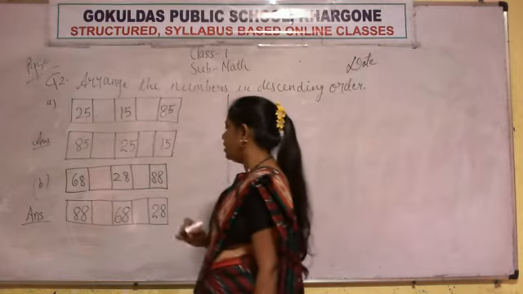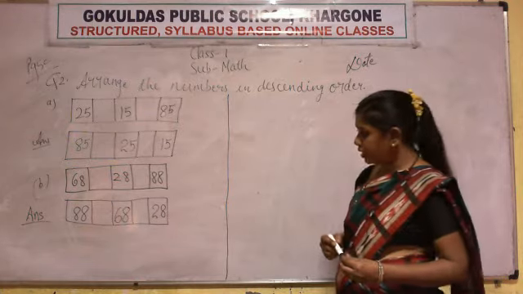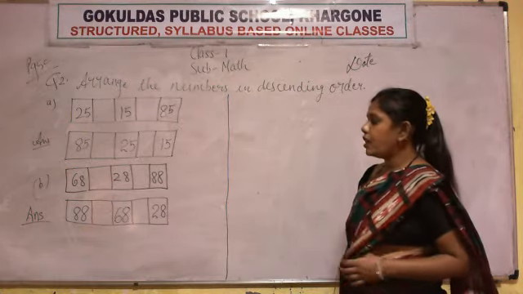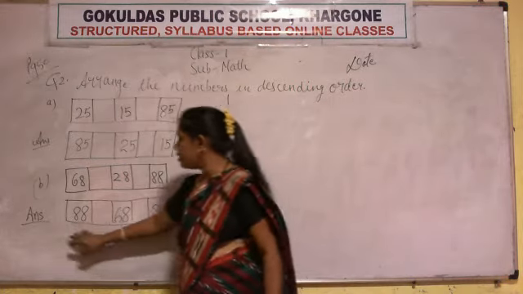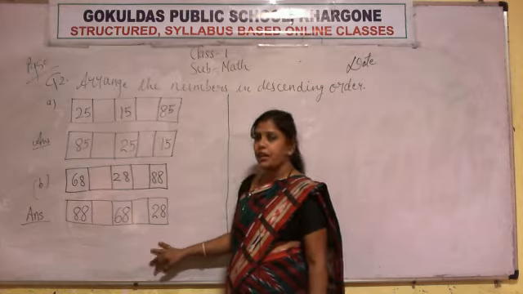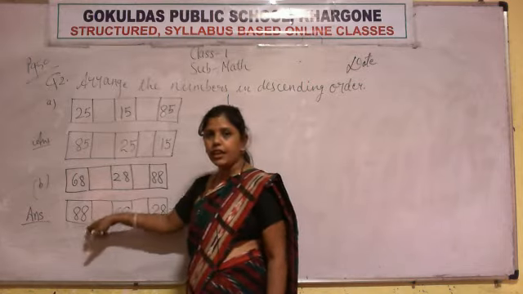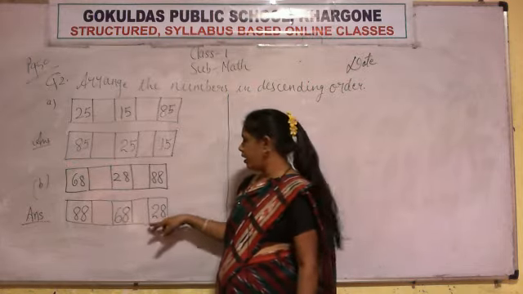So in this question also we have arranged the numbers from larger number to the smallest number. Once again let us read the numbers that we obtained as answer: 88, 68 and 28.